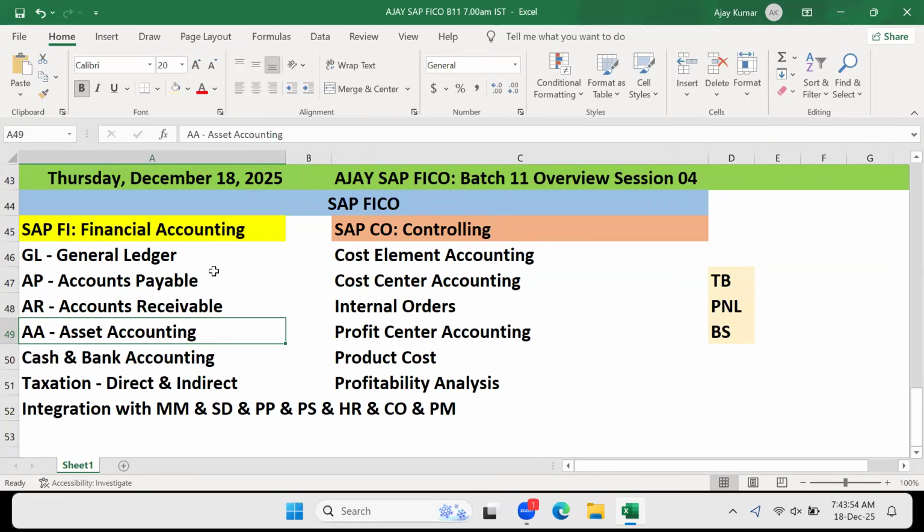Your order tells what item you are ordering, what quantity, from whom, and at what rate. It contains all the detailed information regarding your purchase. Based on the purchase order, the system will automatically post the accounting entry in the background. How will it post?